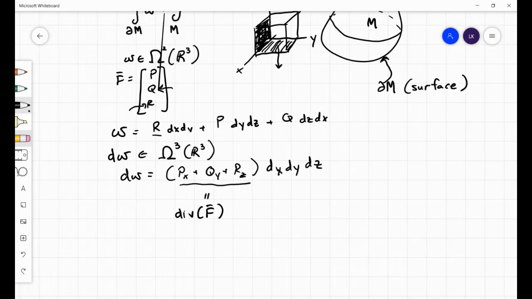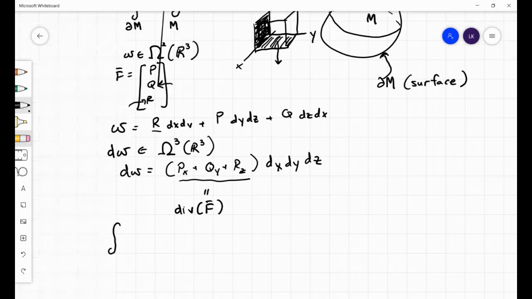Okay. So this Stokes theorem gives us that the flux integral over that surface is equivalent to, so let me just write it that way. It's a double integral over a surface, and it's a closed surface.